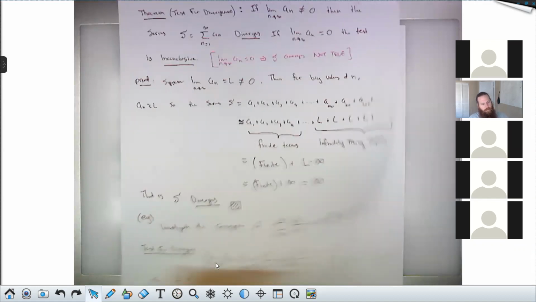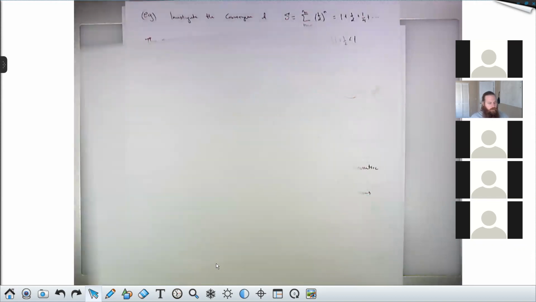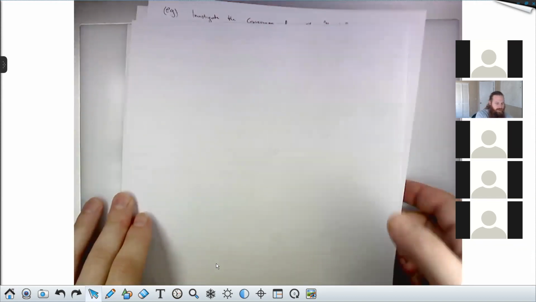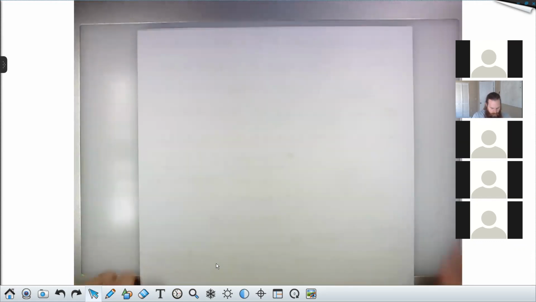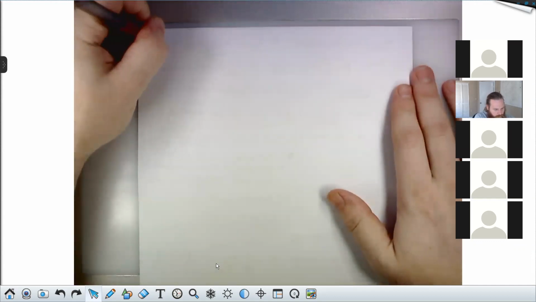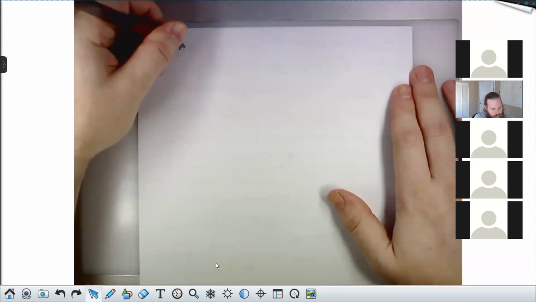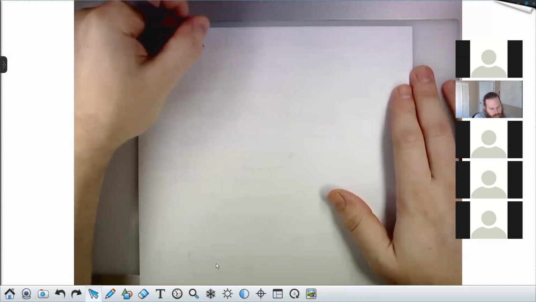This last thing that I'm about to show you, unfortunately, can't be written really succinctly in the same sort of way as the geometric series result, but it is nevertheless important. These are called telescoping series.